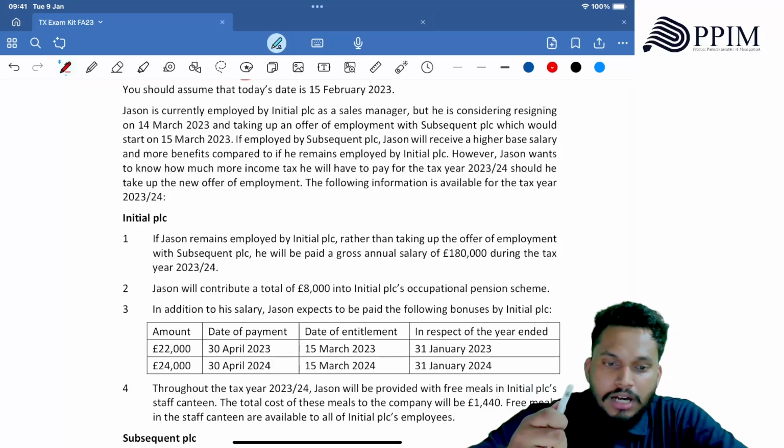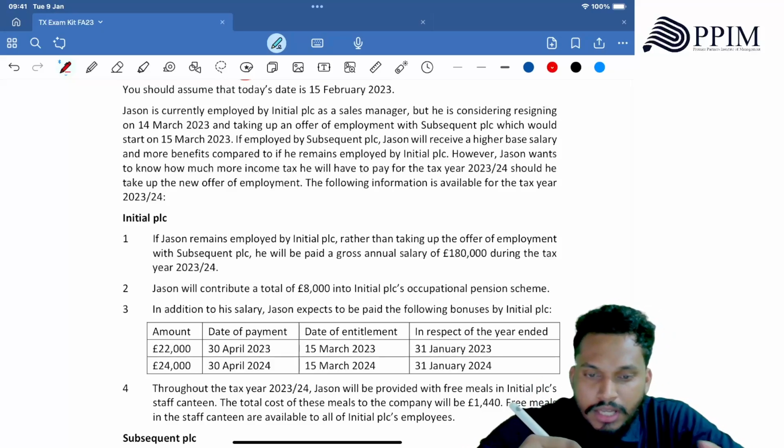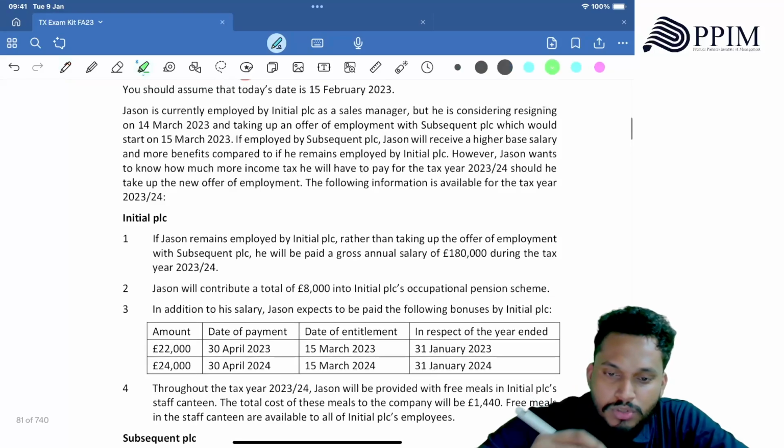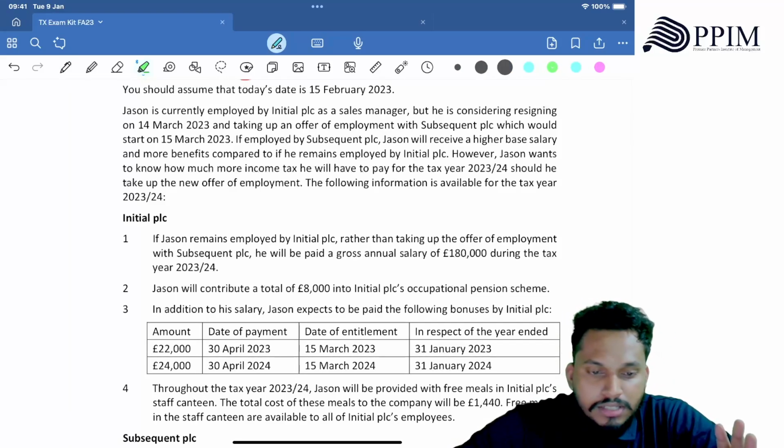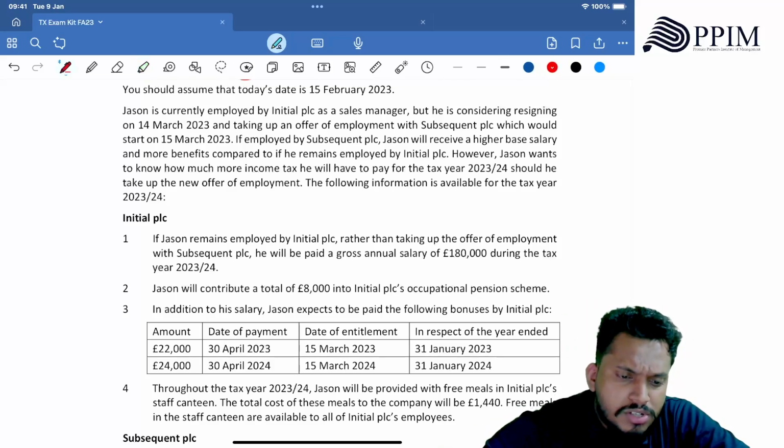Jason is currently employed by Initial PLC. So Jason is working with Initial PLC as a sales manager, but he is considering resigning on 14th of March 2023. Back in your mind, always run your tax year. What is your tax year? 23-24.